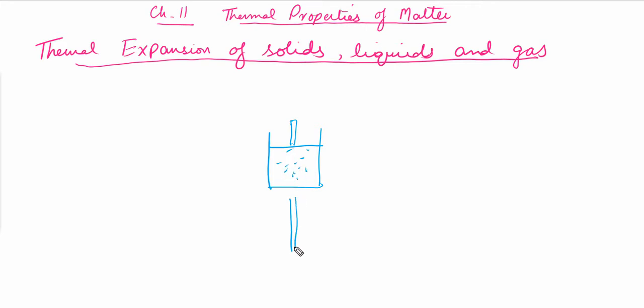We are increasing the temperature of the gas with a burner; here's the burner, this is the flame of the burner. When the temperature increases at constant pressure, the volume of the gas will increase. Why? Because with the increase in temperature, the kinetic energy of the gas molecules will increase. They will move away from each other, due to which the volume of the gas will increase. The gas will expand.